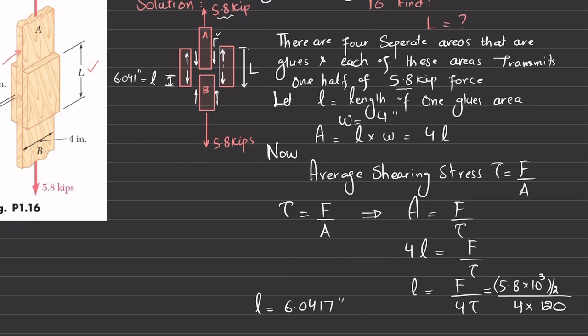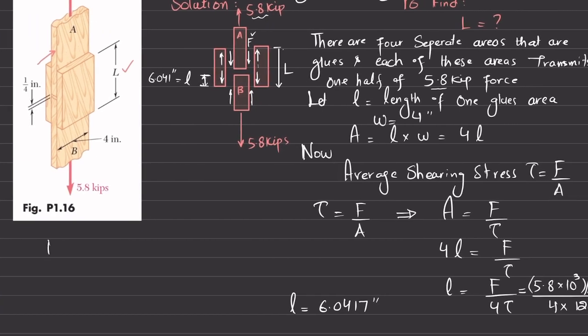So it means this length is 6.0417 inch. Now you can see that total length L will be equal to, you can see this is the total length L, which is equal to small l plus this gap c and the same this small length l. So it will be equal to 2 times l plus c.